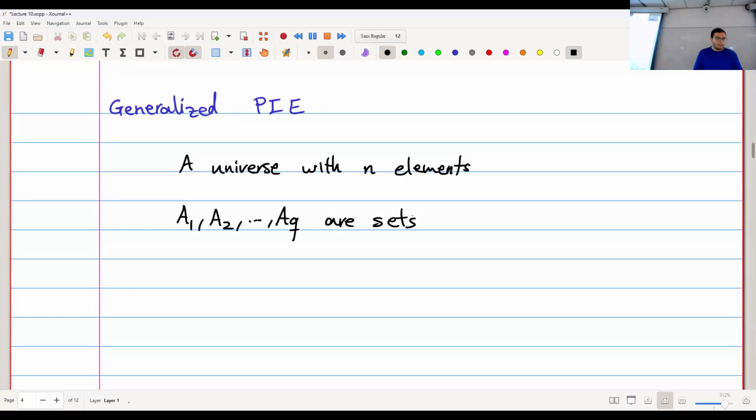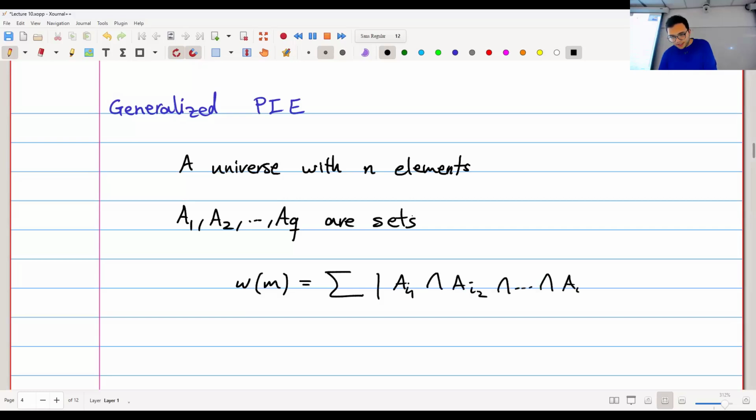Now, we defined something before, and that was omega m. I said that omega m is just the sum of the sizes of the intersections of m of my sets.